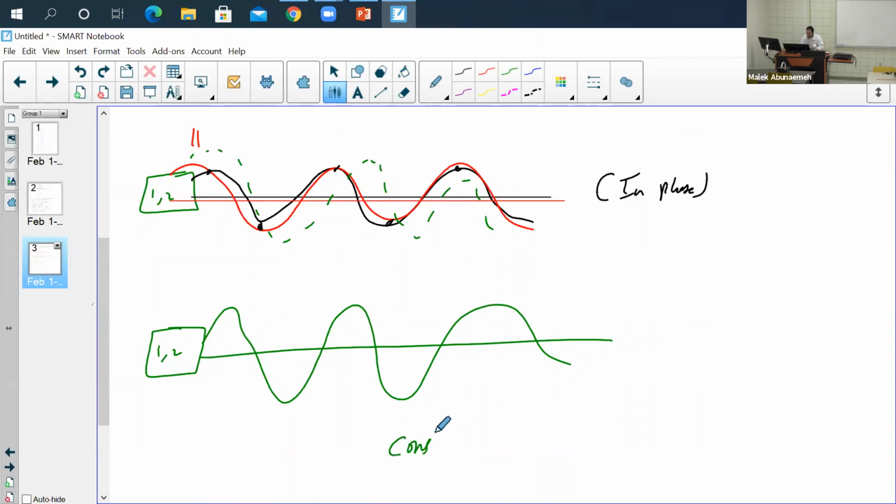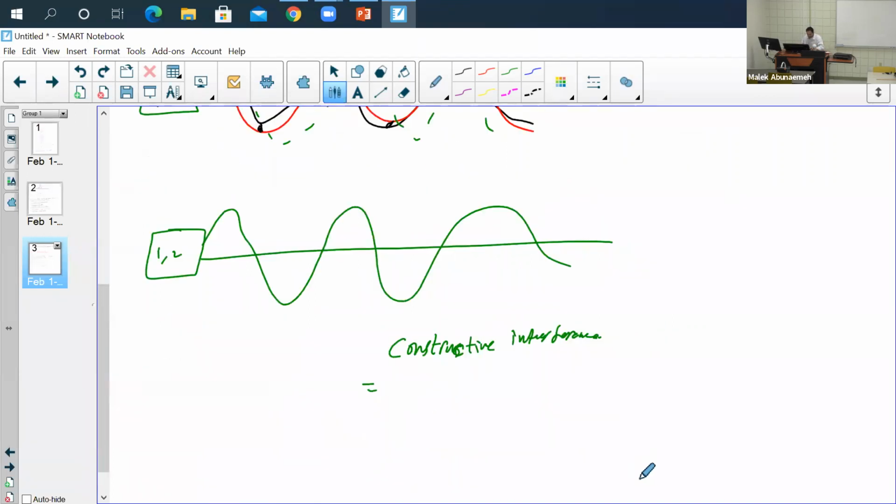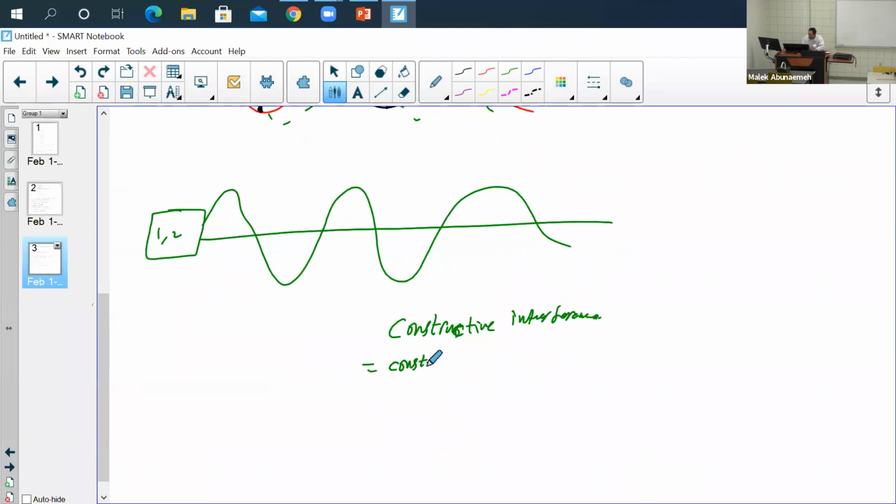So this is going to be constructive interference, which means you constructively combine to make one big wave, which means your ears will be right over here.